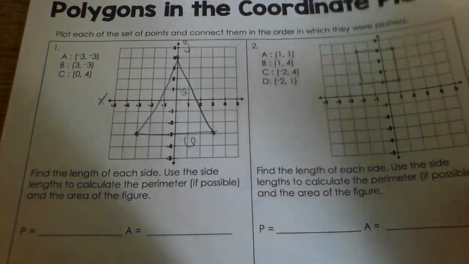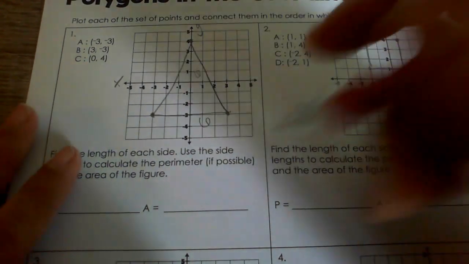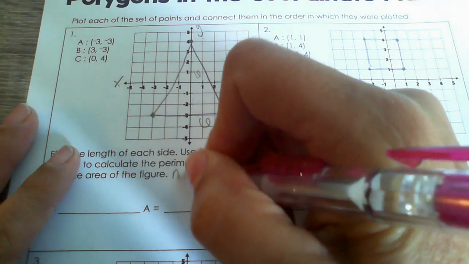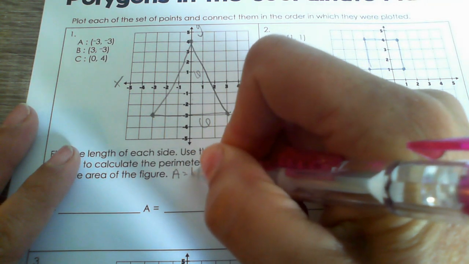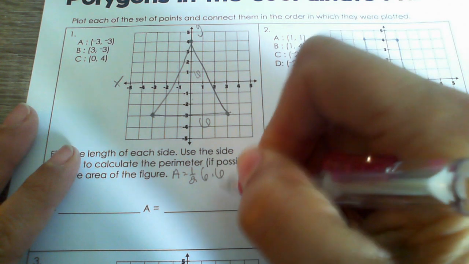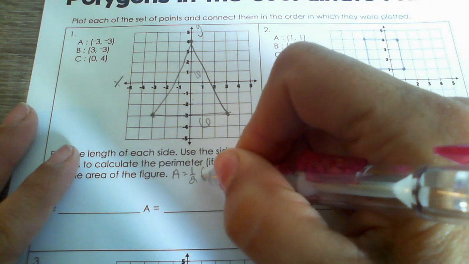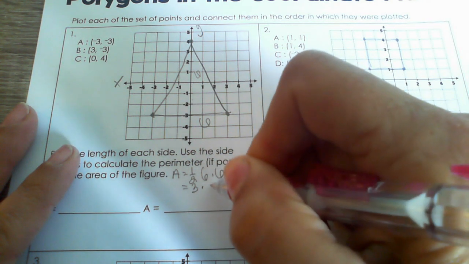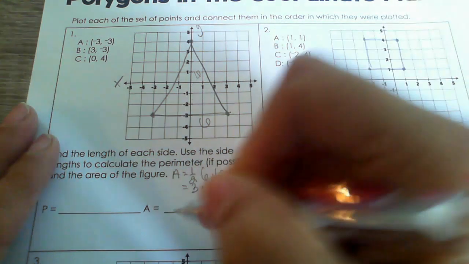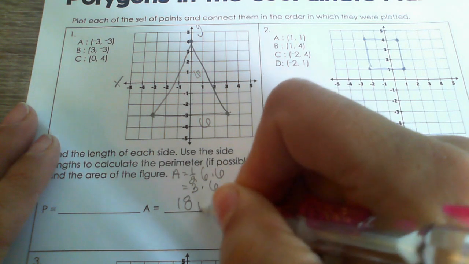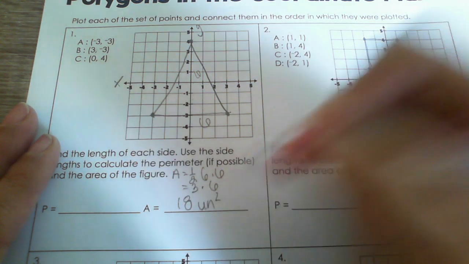So the area of this one is going to be, if we take half of 6, that's 3. So we're going to have 3 times 6. So our area is 18 square units.